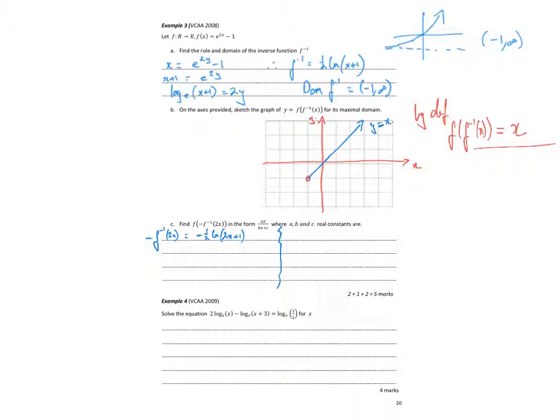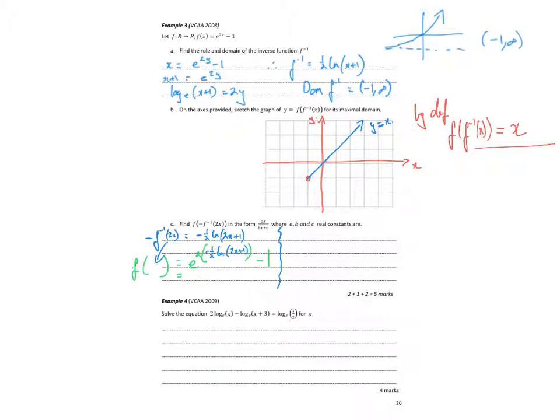And then we're going to substitute that into our f function. So therefore, we'll go to a different colour, f of that expression is equal to e to the 2 times -1/2 natural log of 2x plus 1, minus 1.